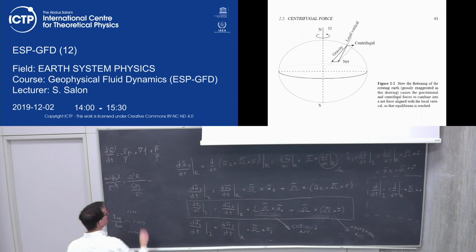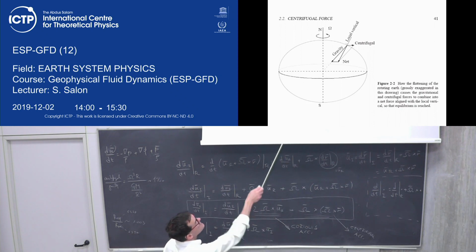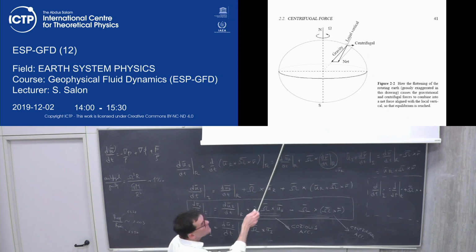And this is about, again, 1 per thousand. So more or less are the same order. It means that if you would like to draw exactly these two vectors here, this vector should be 1,000th of this one. So it's very, very small. Of course, here it is very exaggerated.